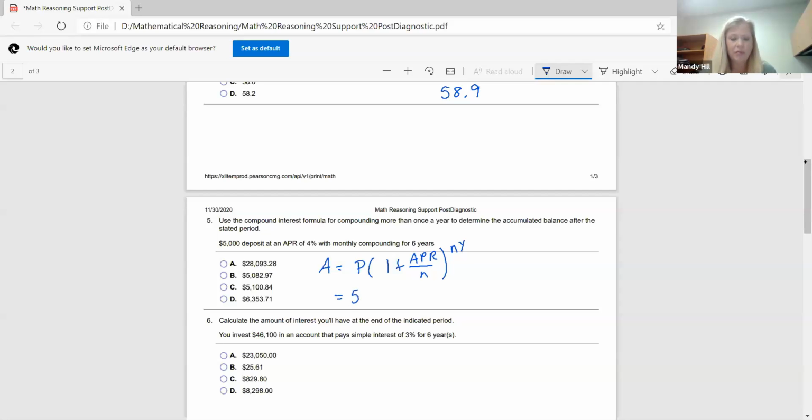So we're starting out with $5,000. The APR is 4%. You always want to write that as a decimal. So you would take 4 and divide it by 100 to make it a decimal, which is 0.04. And we're doing this monthly, so it's going to happen 12 times a year. And we're doing that for 6 years.